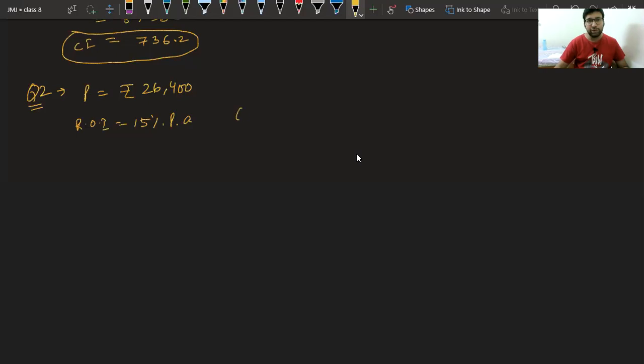That means no changes. Now what they are saying: what amount will she pay at the end of 2 years and 4 months to clear the loan? Time is 2 years and 4 months.